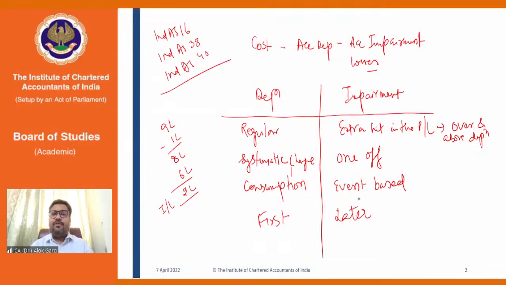Good. So friends, impairment is something which is event based, which is indicator based, which is indication based. And please remember this car example in your mind. The depreciation is 1 lakh rupees every year, but the impairment is due to this negative announcement, right?